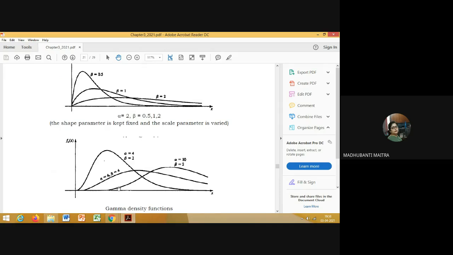And you see the shape of these two curves, these two plots, are completely different, right? So the nature of the density function will certainly depend upon the alpha value and the beta value.